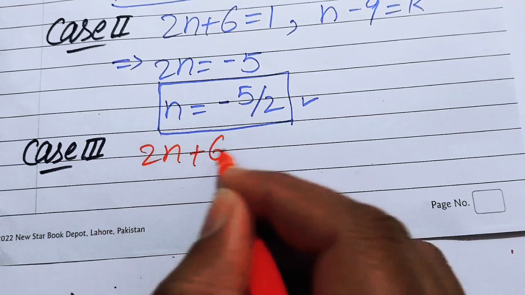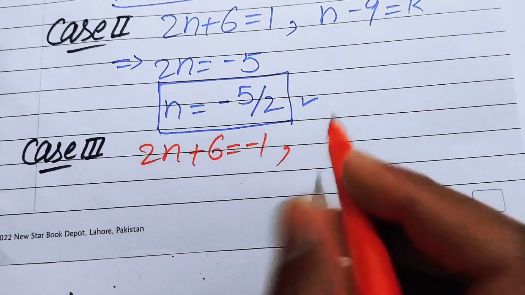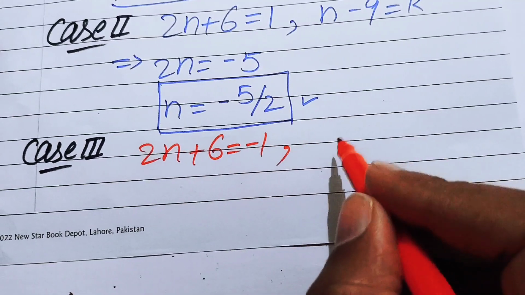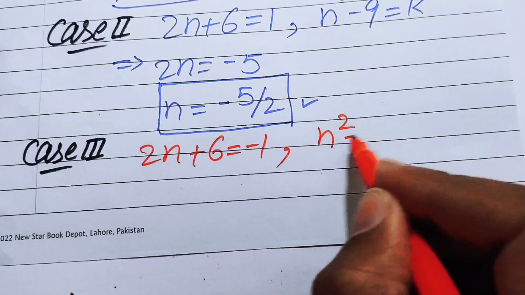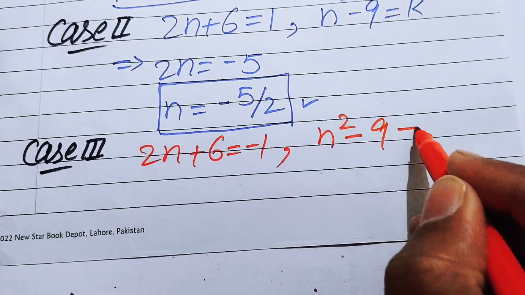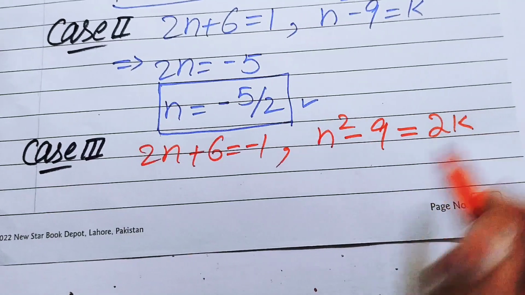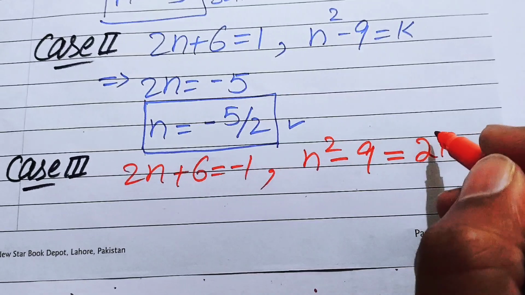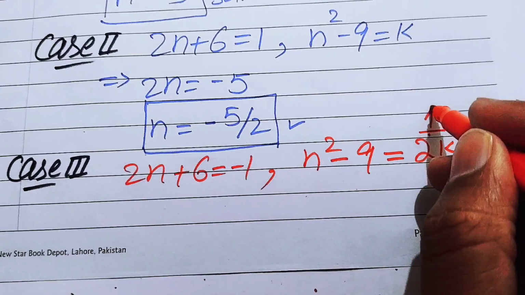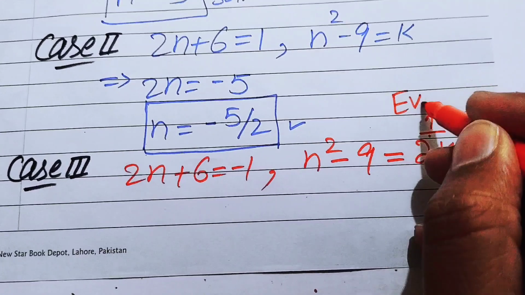2n plus 6 equals minus 1. This is the base, and when we compare exponents we get n square minus 9 equals 2k. And remember that 2k must be an even number.